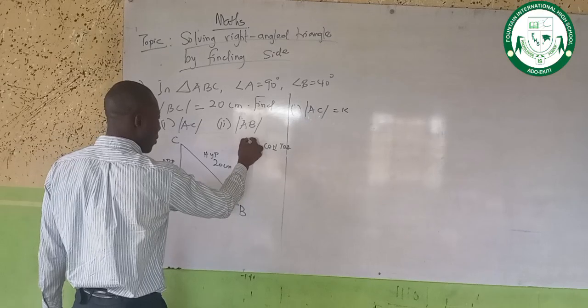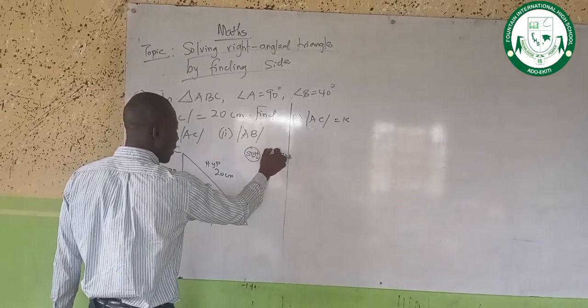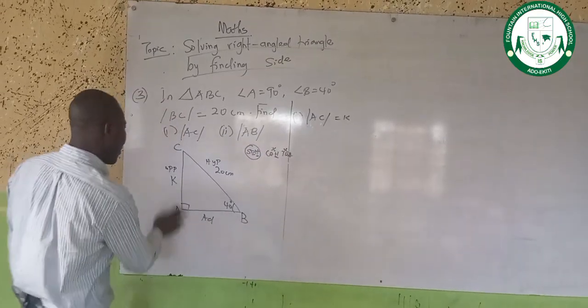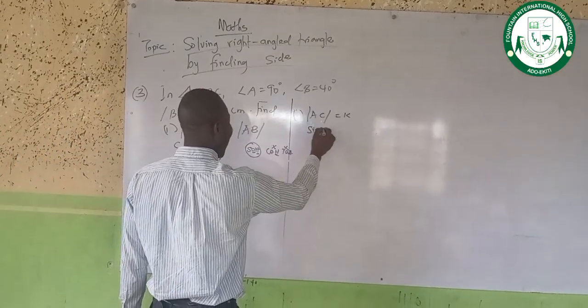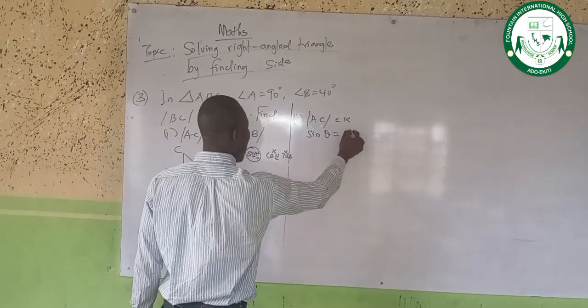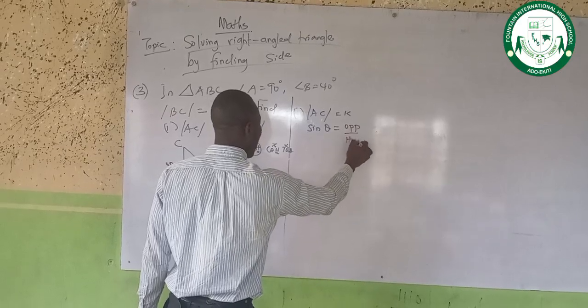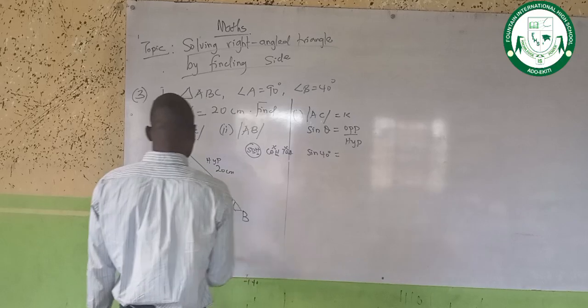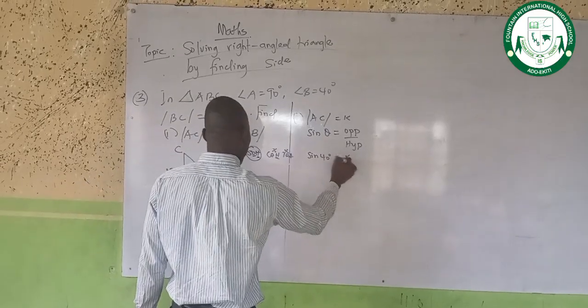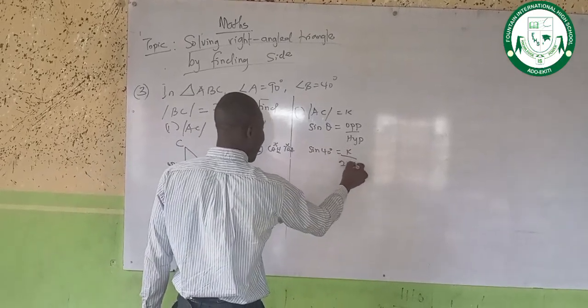So definitely we are making use of this. So this one and this one, they are out by the time we are looking for K. It means sine theta is equal to opposite over hypotenuse, which is sine 40 degrees equal to the opposite, K, over 20 centimeters.